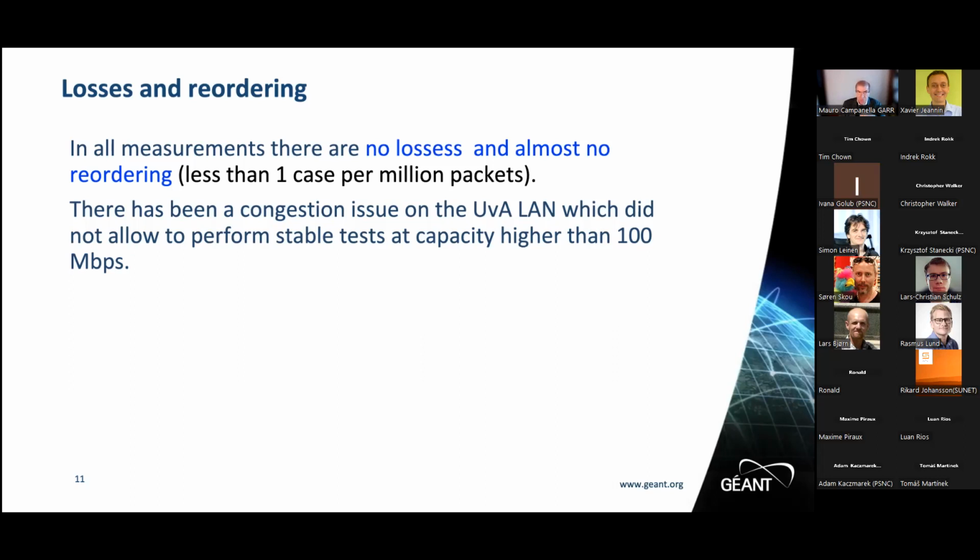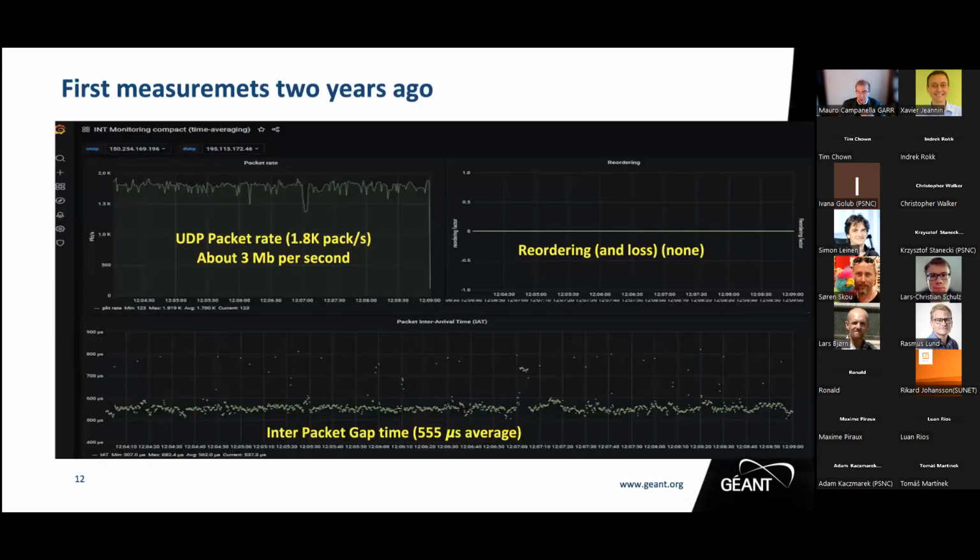So, good news. This is what we started two years ago in doing the measurement, just to provide a feeling, using Grafana, of what the measurements are. You have a flow of a certain speed that you measure with very high timing capabilities, and the timing varies between packets. There is quite a significant variation.